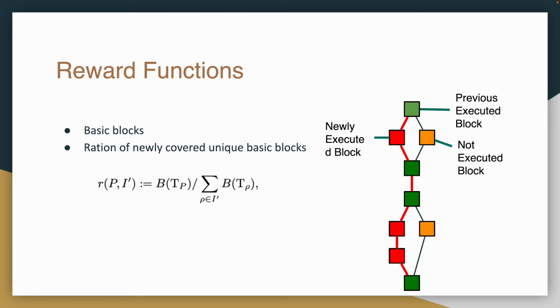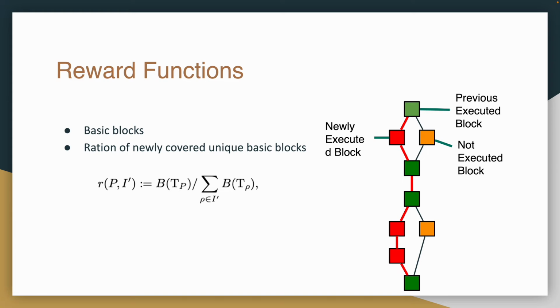There are actually several ways in the literature, and we design a measurement based on the basic blocks in this study. In compiler construction, a basic block of an execution tree is defined as a straight-line code sequence with no branches except for the entry and exit points, which is considered as one of the most atomic units to measure the code coverage.